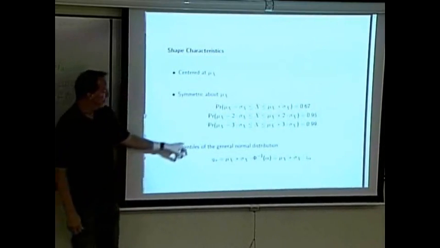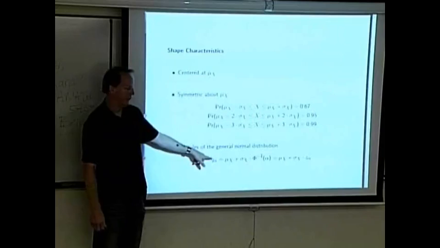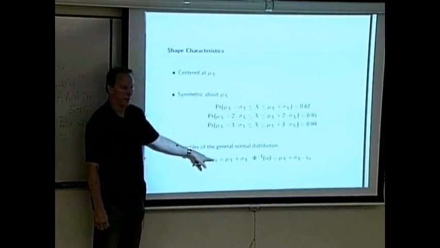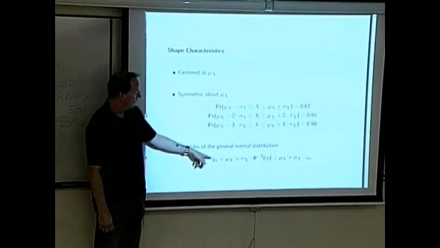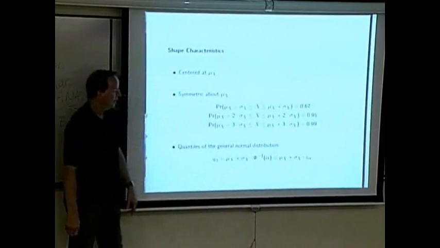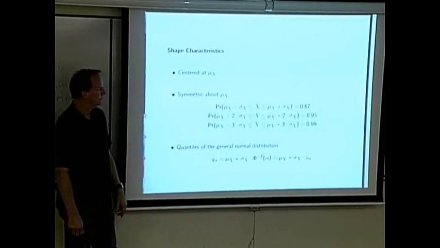Okay. We also have this result that the quantile function for a general normal, and you'll be asked to prove this in the homework assignment, is equal to the mean plus the standard deviation times the quantile of a standard normal.